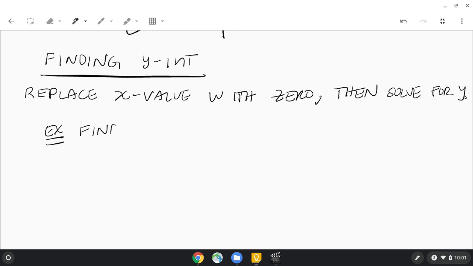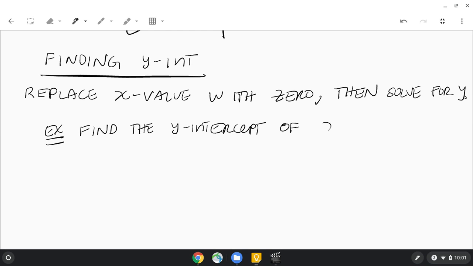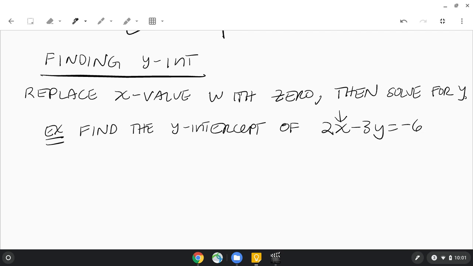Find the y-intercept of 2x minus 3y equals -6. It says here to replace the x value with 0. So that's this right here.